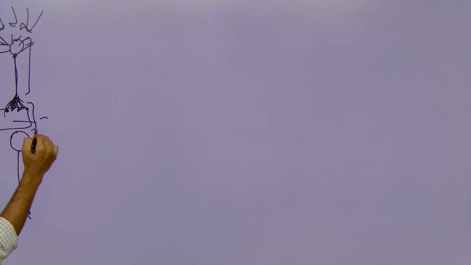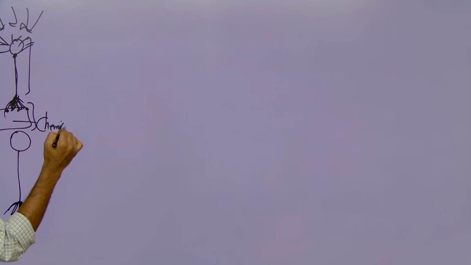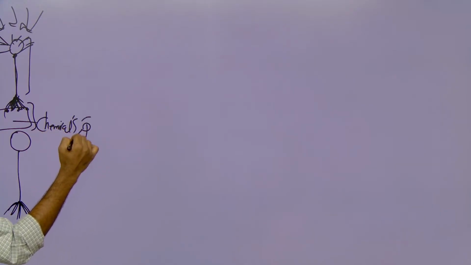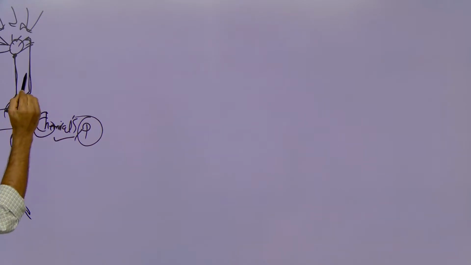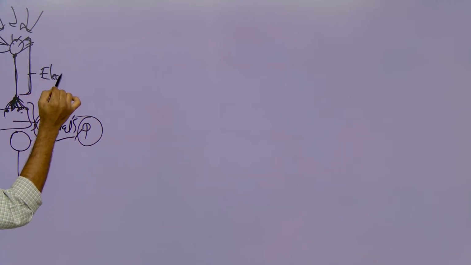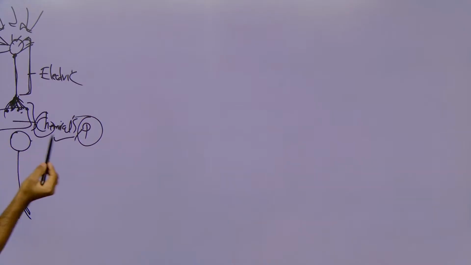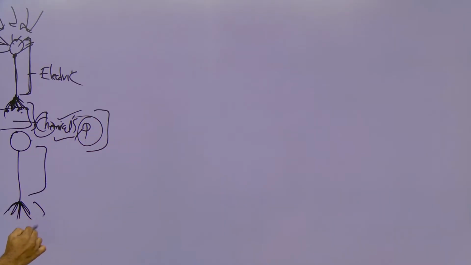With the help of some chemicals or proteins, we replace the electric signal coming from the axon hillock to the synaptic knob. With these chemicals, we transfer the information from one neuron to another. So in this area the information is transferred as an electric signal, here as a chemical signal, and again electric, again chemical.